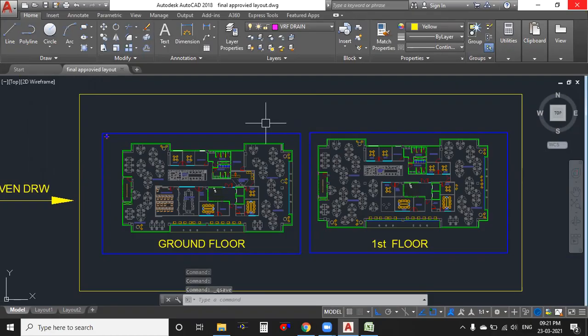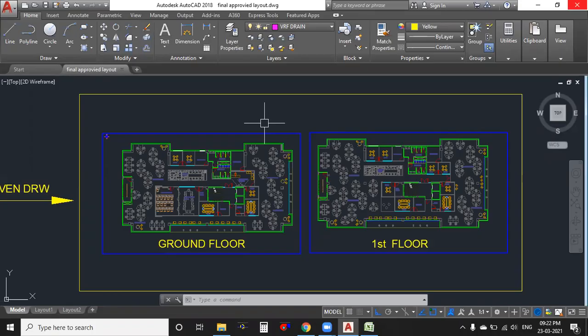Whenever you get a layout from your architect, copy that original file, and from that make a duplicate file. Work only from the duplicate file. Don't work with the original file, because some mistakes may happen from the architect's side or our side. If you do not observe them, it will be a huge problem in installation.